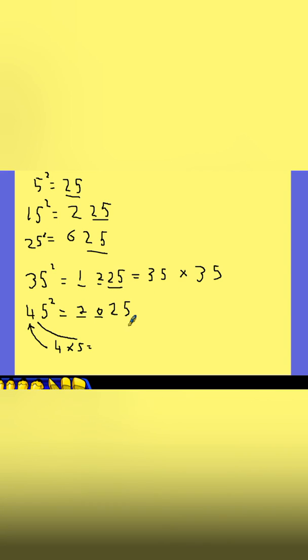So all I did, remember, is just take the tens, which is 4, plus a 1 onto it, and did 4 times 5. Let's do another one, 55 squared. We know it's going to end in 25 because when you square a number ending in 5, it always ends in 25. So let's think, 5 times 5 plus 1.